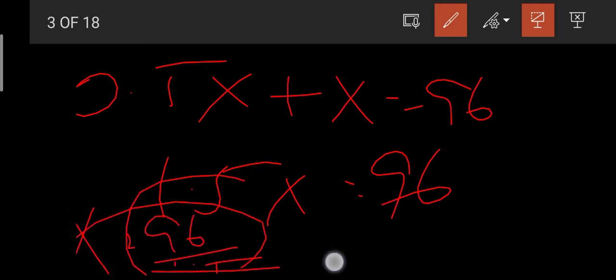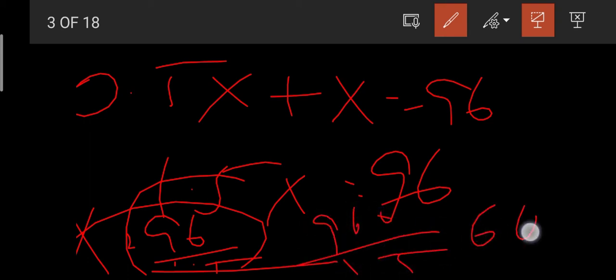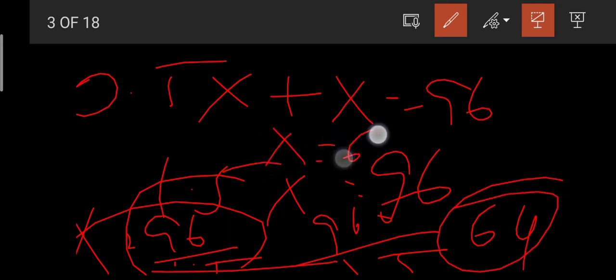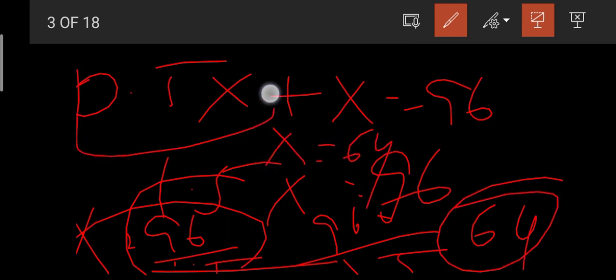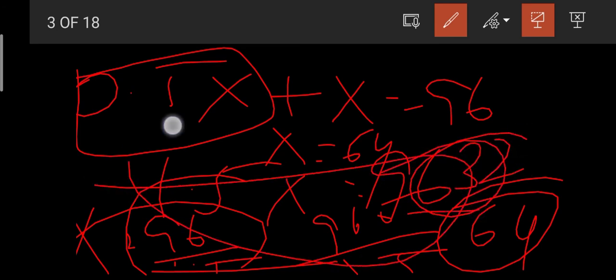It is a decimal fraction, right? Then we should go for 960 by 15. Then what will be the value? x value is 64. Then they have asked our 0.5x value, so our answer will be 32. This is a very time consuming process.